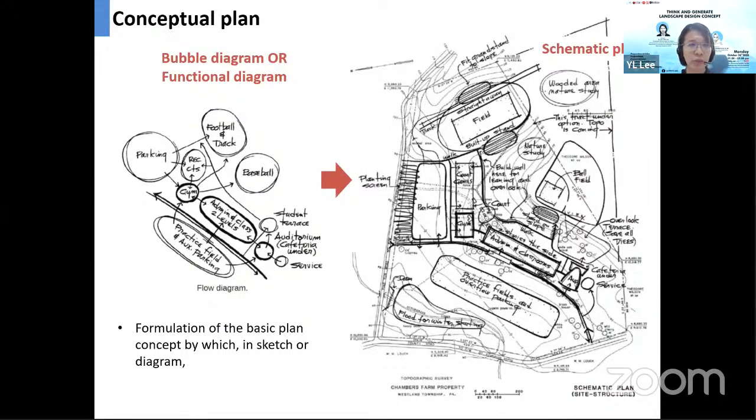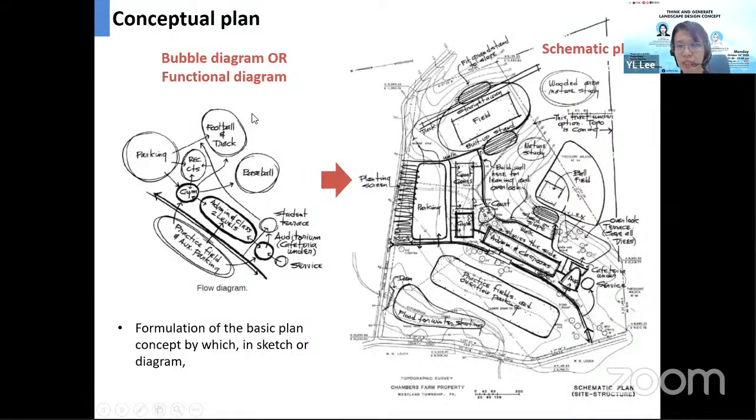So you are the one who is going to decide the project, right? For the concept plan, you are the one who determines the direction, what you are going to put in your idea. In school, in UTM, I'm not sure about UNS itself, we start to educate the lower-year students to learn what a functional diagram is.